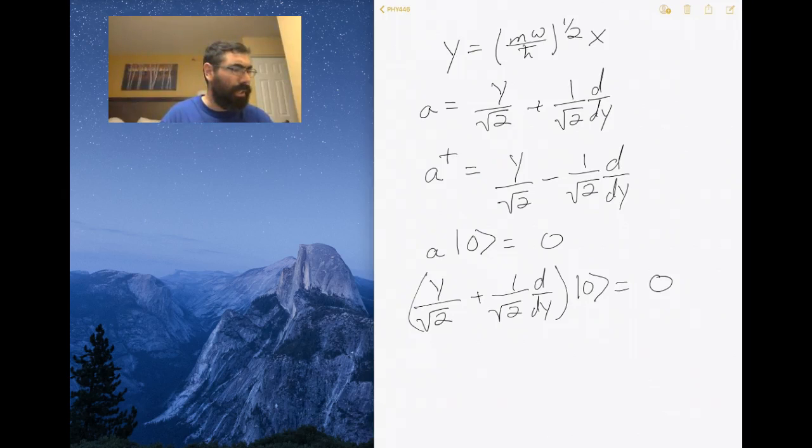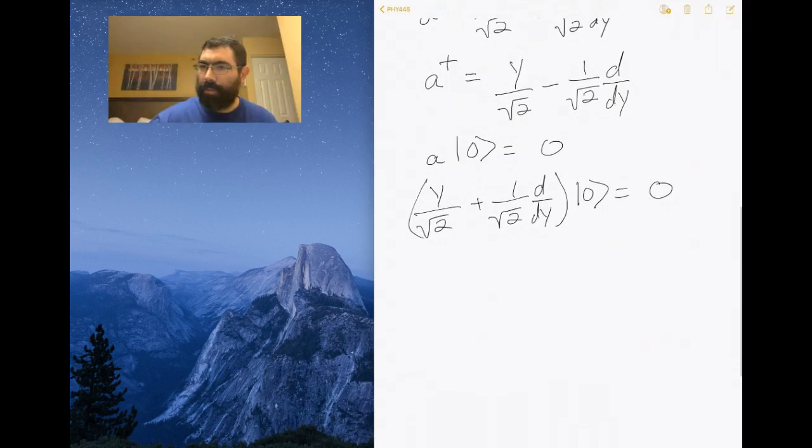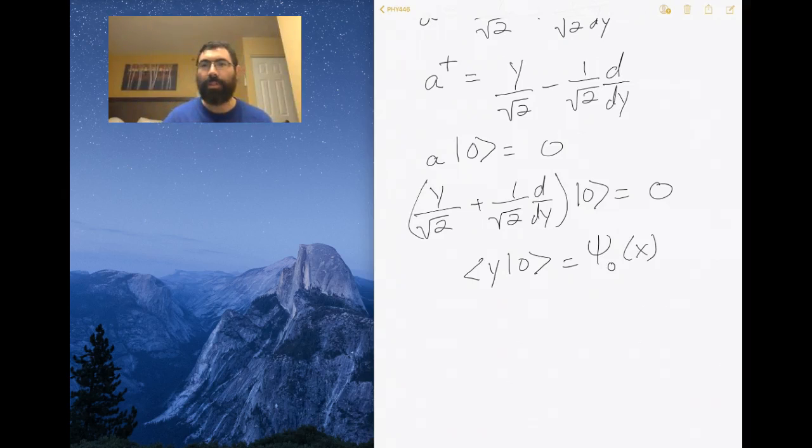And now if we take the product with the position basis, then basically y with the ground state gives us the ground state wave function.